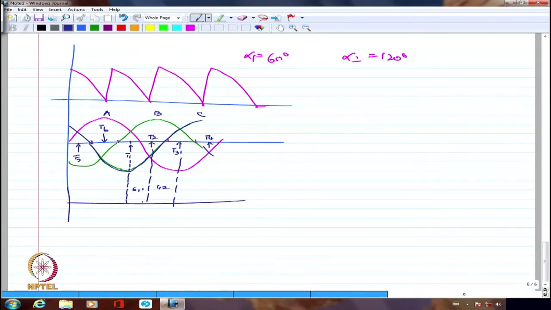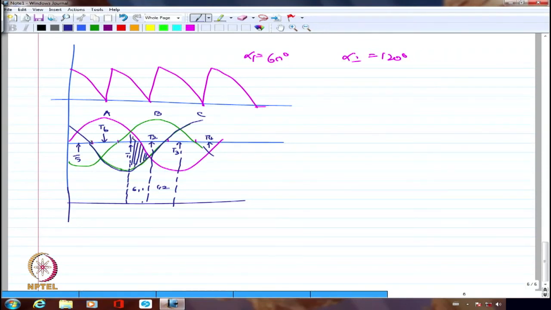When 6 and 1 are conducting, it is VAB. So let me try to see what is the kind of VAB I am going to have. Here is my A and here is my B. This is A and this is B, right? B is here. B is higher than A, right? So this is the kind of voltage I am going to get.